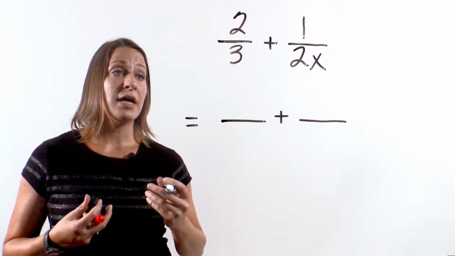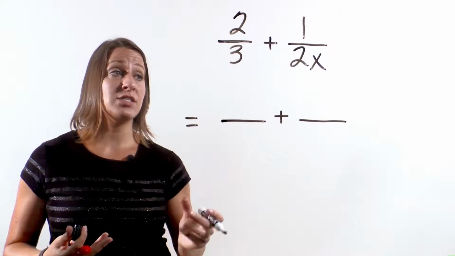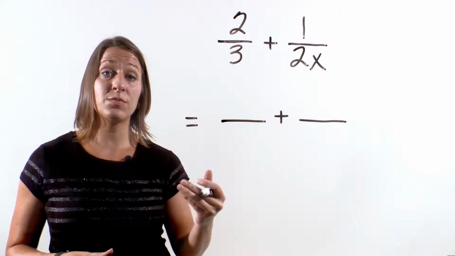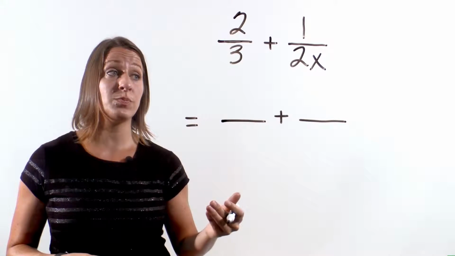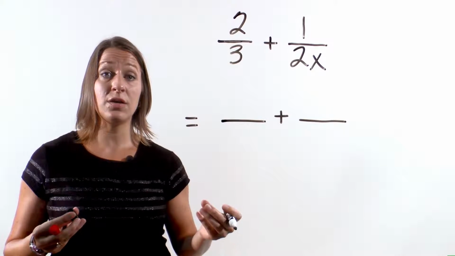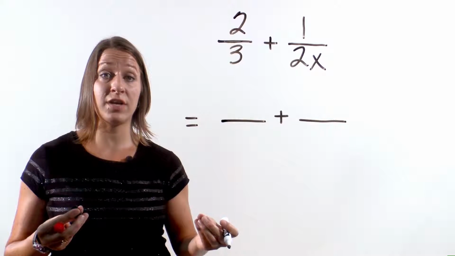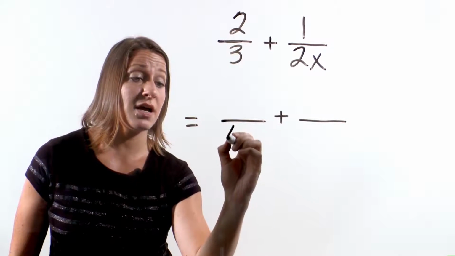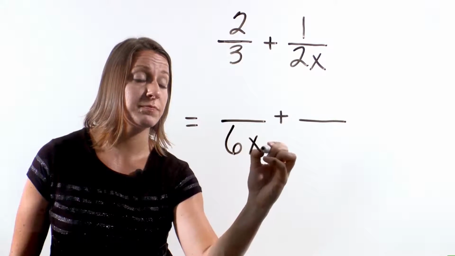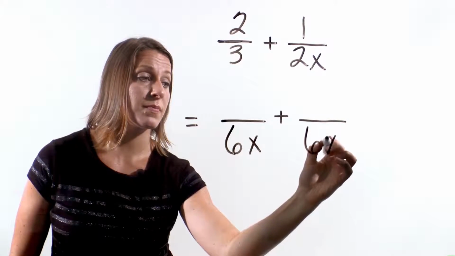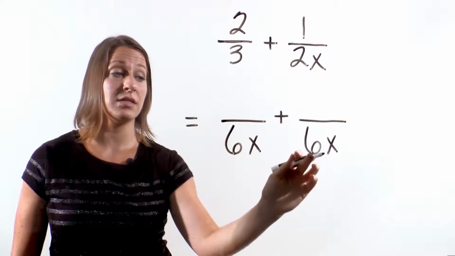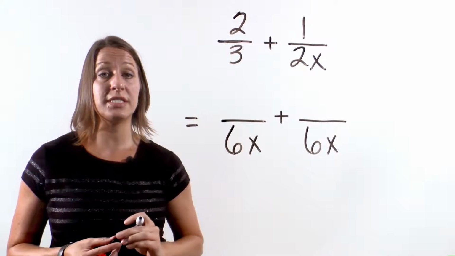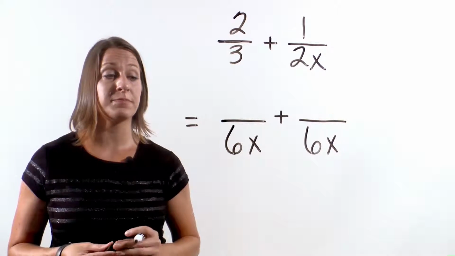So, an easy way to find this is you could multiply the denominators together, or you can list out the multiples of 3 and the multiples of 2x and see which two multiples they have in common. For this problem, 6x is the common denominator, because 2x goes into 6x 3 times, and 3 goes into 6x 2x times.